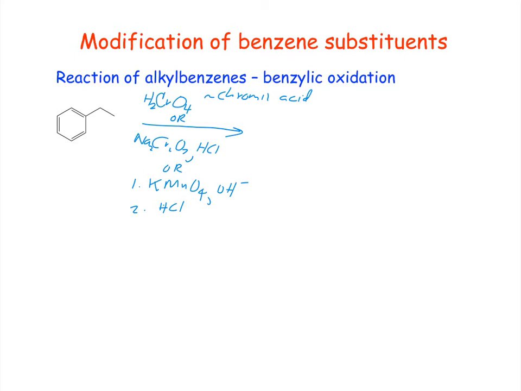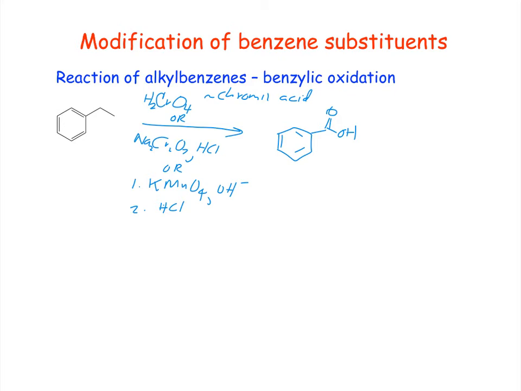So this reaction is kind of surprising, probably, in that it oxidizes the side chain there all the way to a carboxylic acid. So we lose a carbon in this process if we start with ethylbenzene, probably just as formic acid or carbon dioxide or something.